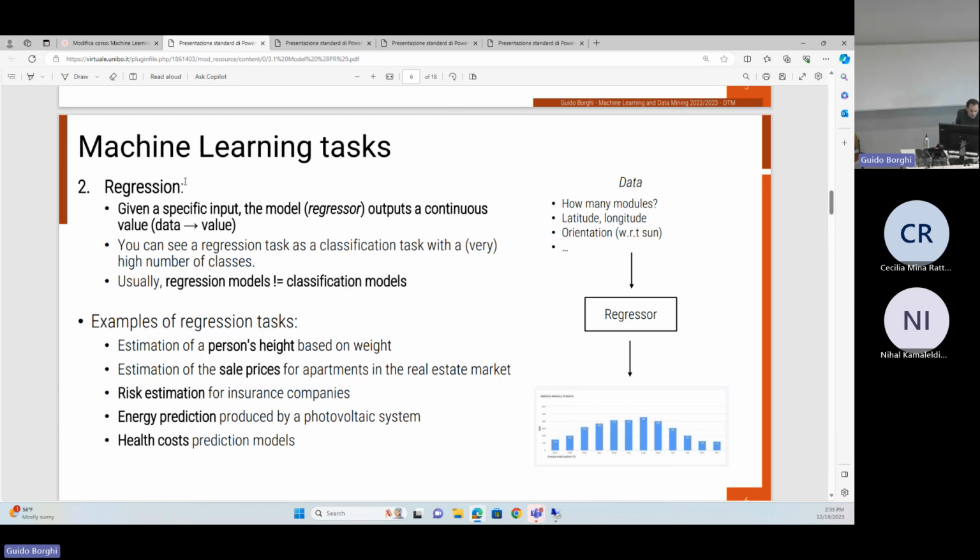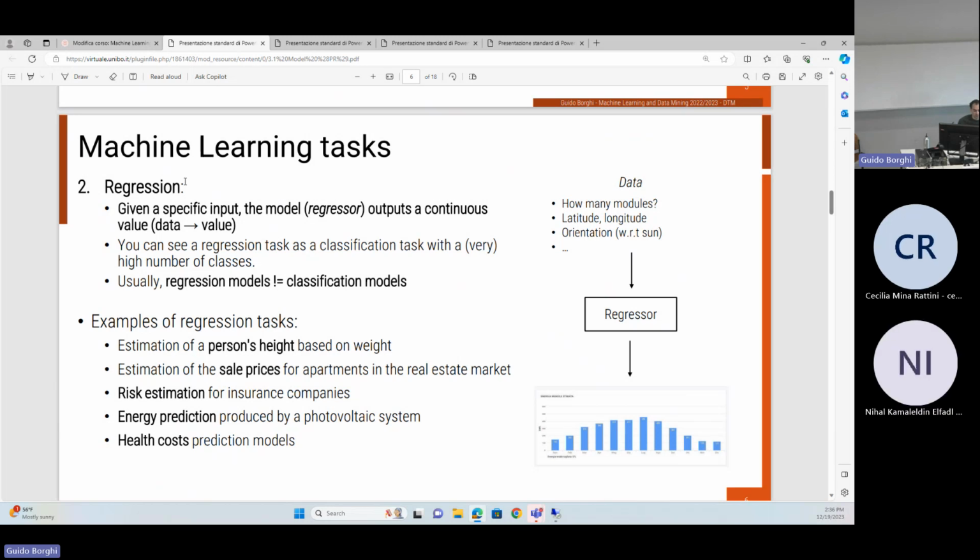The other important aspect is that regression models are different from classification models. You cannot use classification models to solve regression tasks. In the scikit-learn package, you have the SVM, the support vector machine, developed for the classification task but also for the regression task.